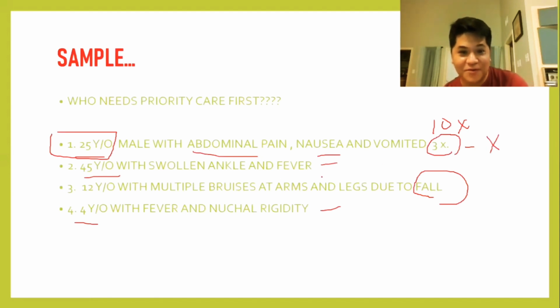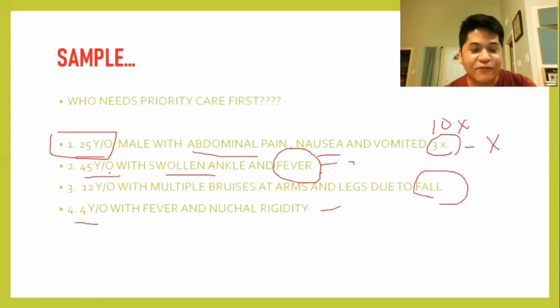That's not our priority. 45-year-old with swollen ankle and fever. Fever doesn't say how specific. A swollen ankle at 45 years old is a little less complicated, it's not dangerous. He can still survive, so not our priority.